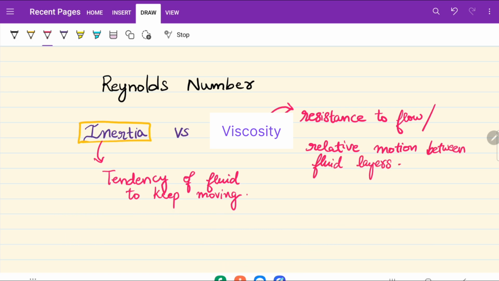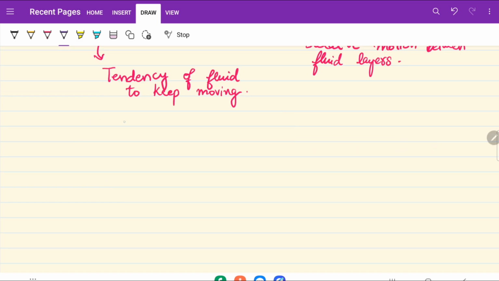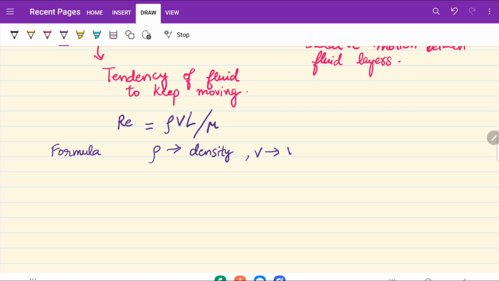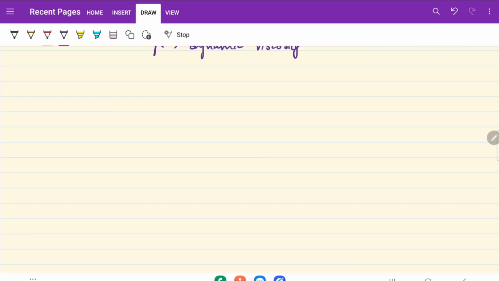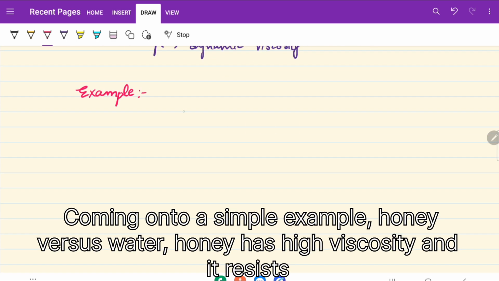And coming on to the formula of Reynolds number, you might have heard of rho v L by mu, right? Over here, rho is the density, v is the velocity, and L is the characteristic length, and mu is the dynamic viscosity.